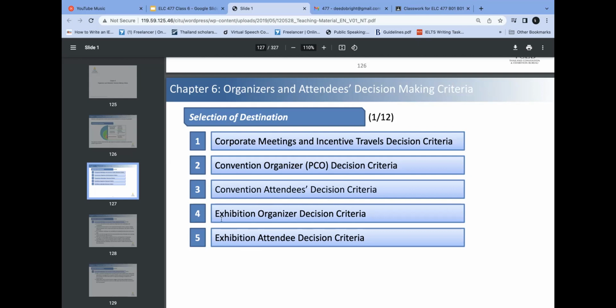So you can see the difference between the two, right? Organizer and then attendee. Just because when it comes to running or organizing such a project, we have 2 sides. The first one is the organizer, and the second is the participant or attendees here.